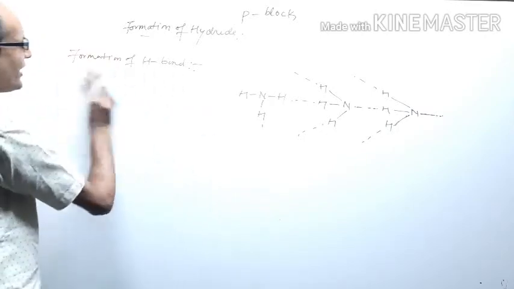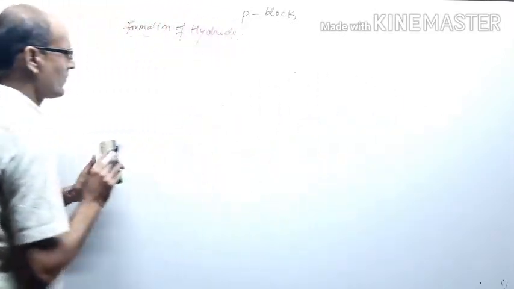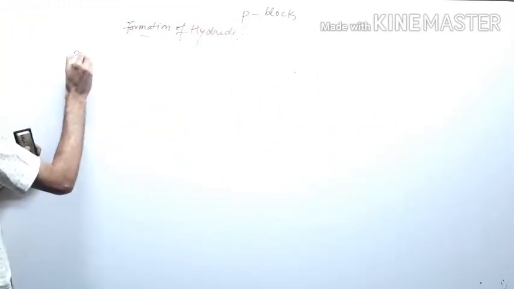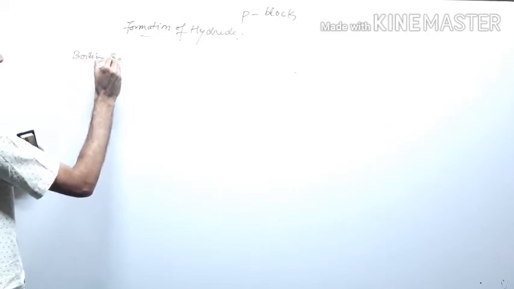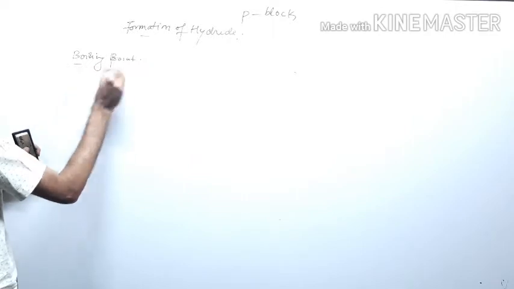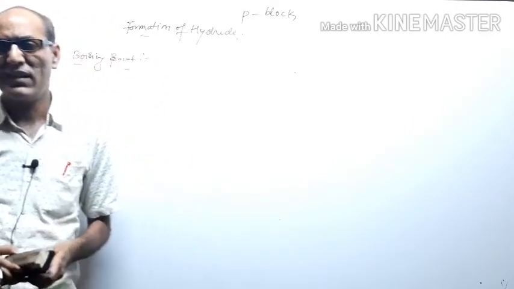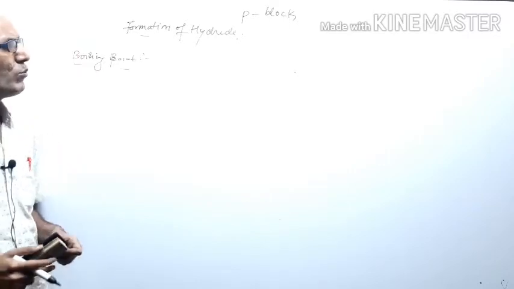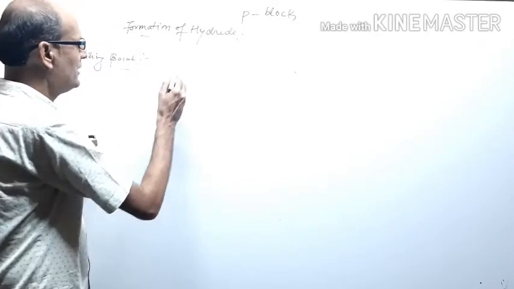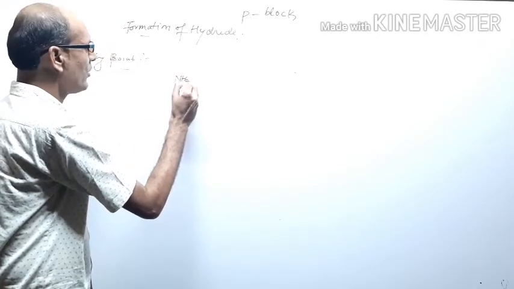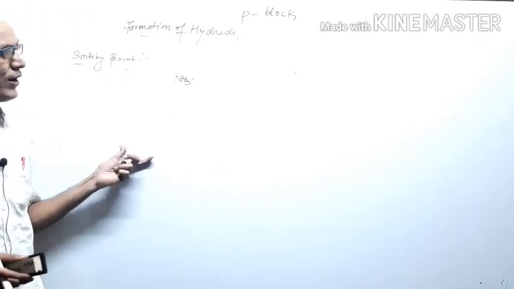Now moving towards the boiling points. Dear student, as you know, on moving from top to bottom, molecular mass increases and size increases, so boiling point should increase. But in case of ammonia, due to the formation of hydrogen bonds, ammonia has an extraordinarily high boiling point.